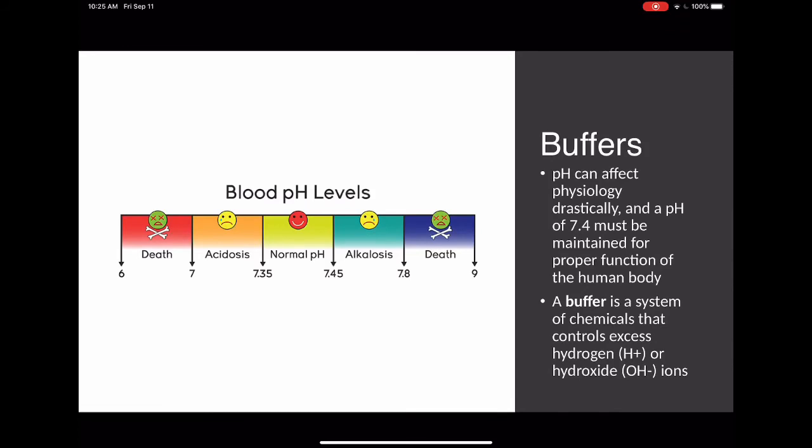So buffers are a way that we are able to control the excess hydrogen or hydroxide ions, which is the opposite of hydrogen, towards alkaline. A buffer will essentially soak up these excess ions, either hydrogen or hydroxide, and they're designed specifically so that they can alternate between either of these to keep the pH in the appropriate range.